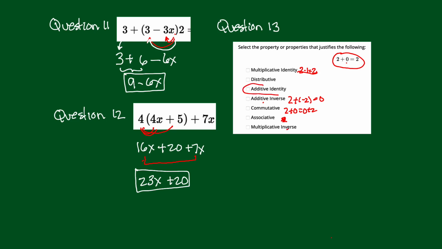Let's look at this one again. Additive identity. Now, the additive identity, that's 2 plus 0. I'm adding something that gives me that 2 back. So 0 is the additive identity, because when you add it to something, it retains the identity of that something. So this is the additive identity.